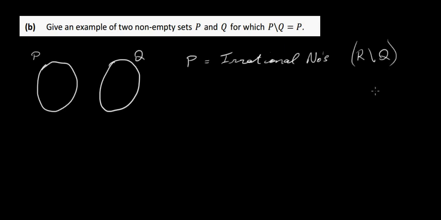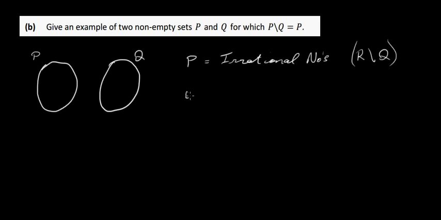So let's see, P could be the set of irrational numbers, for example. So that's written like this, P less Q. That's the way we would write irrational numbers.